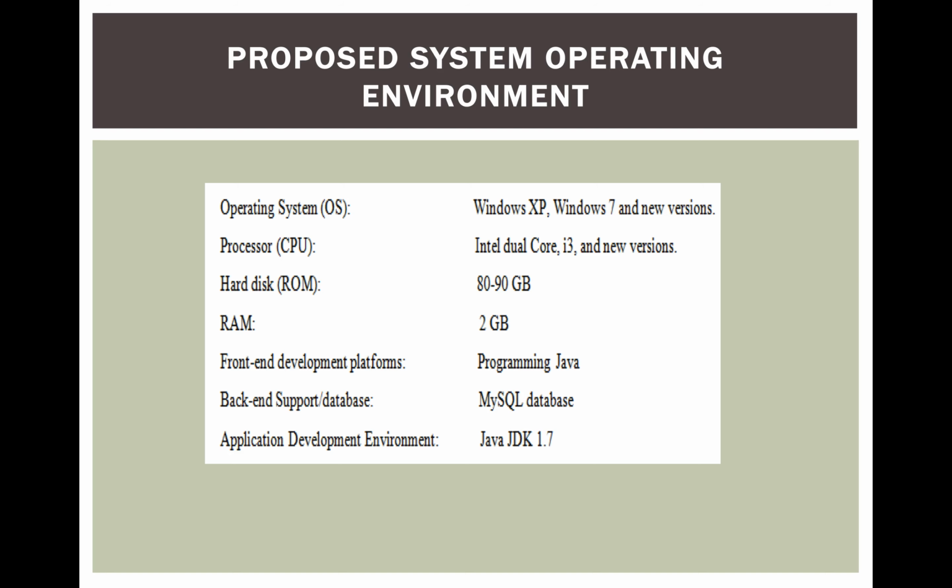We need a hard disk of at least 80 to 90 GB, and RAM of at least 2 GB, and we can use more than that as well. For the front-end development platform, we are using Java, and for back-end database support, we are taking the MySQL database system. And the application development environment we are using is Java JDK 1.7. This is the proposed system operating environment.